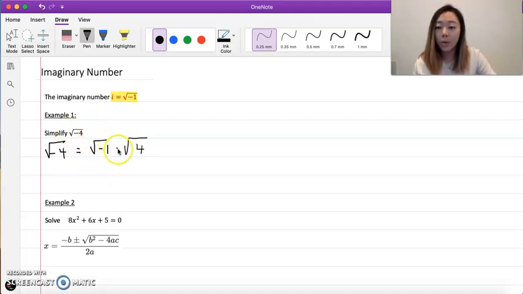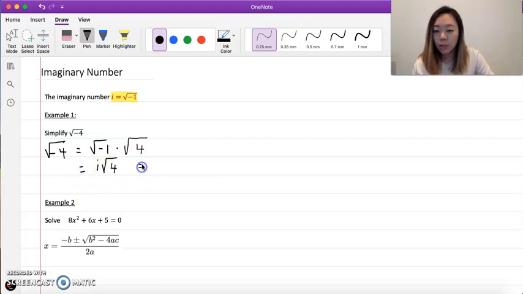And then we know that the square root of -1 is equal to the imaginary number, which is the letter i. So the square root of -1 turns into the variable i, and then the square root of 4 stays the same. The square root of 4, we know, is a perfect square, is 2.